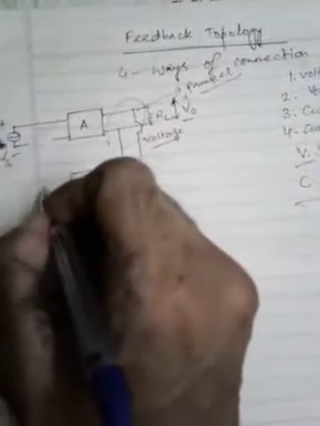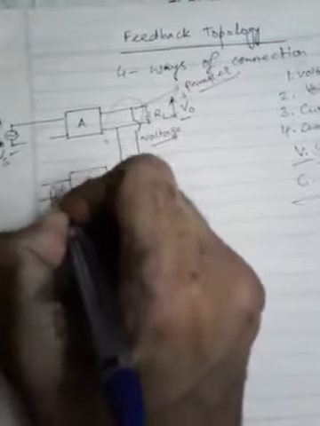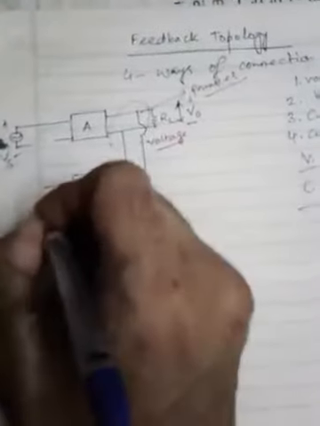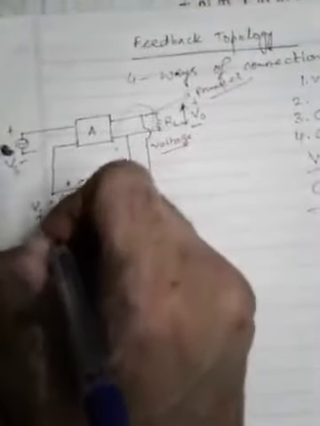And at the output, since it has gain beta, the output should be beta into Vo. Let it be defined as Vf. So Vf is the output voltage from the feedback network, which is being fed once again to the input of the internal or basic amplifier having gain A.